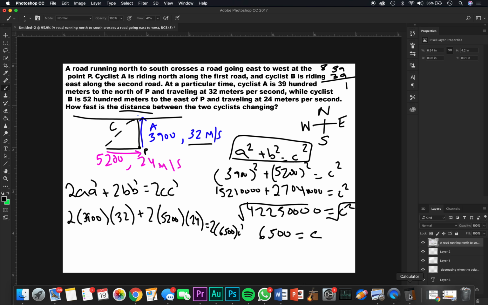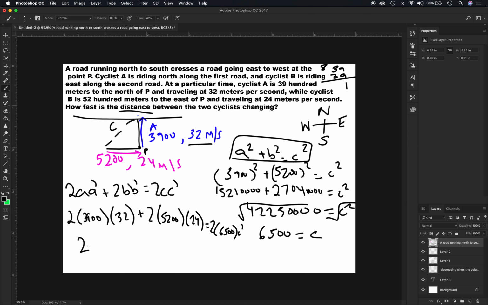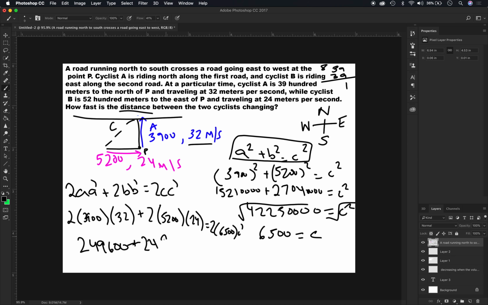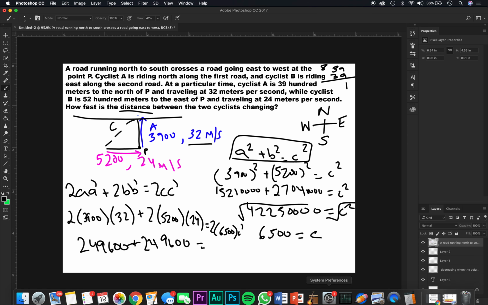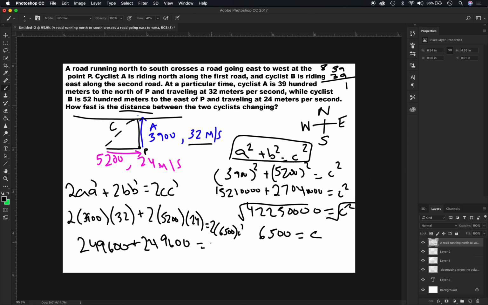Once again, I am not going to do any of this work because I don't know how to multiply. 3,900 times 2 times 32 times 2 is 249,600, plus 5,200 times 2 times 24. That's the same number. Crazy. Wow, what a coincidence. Okay, times 2 times 6,500, and then you just divide.